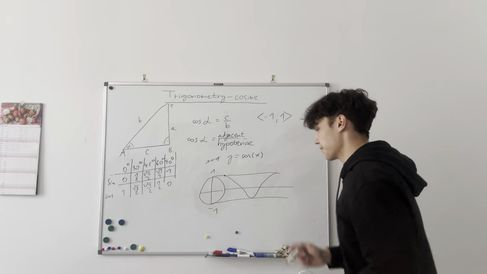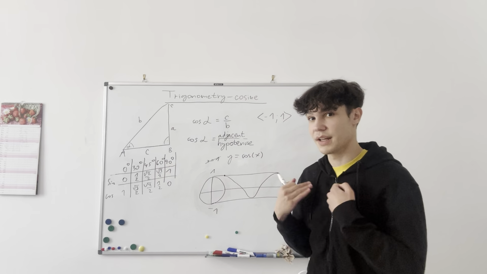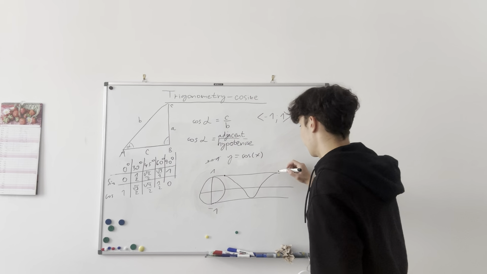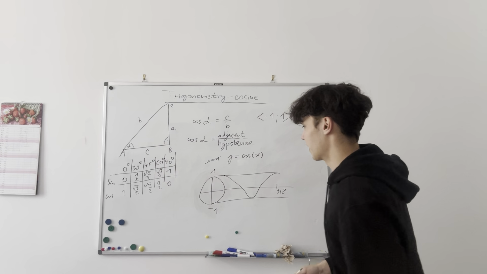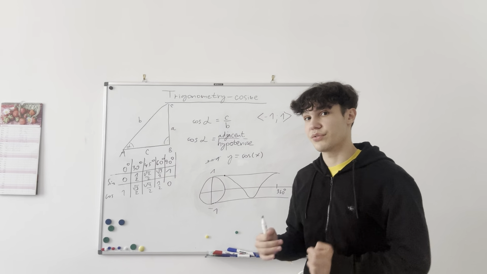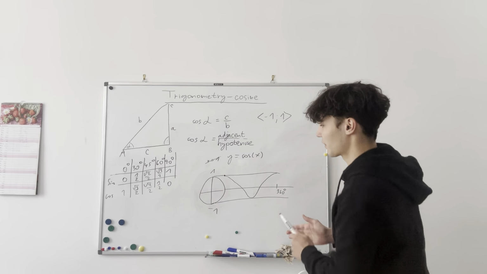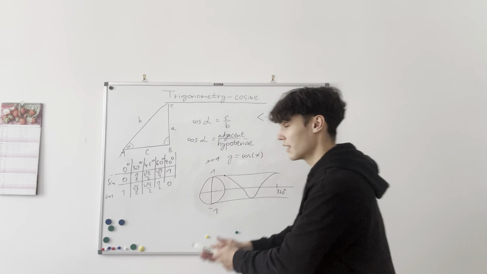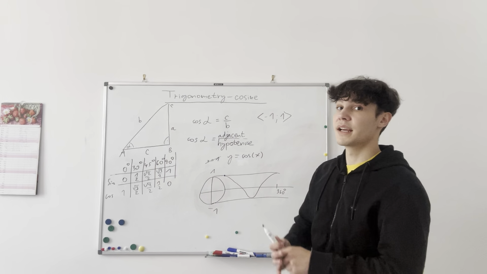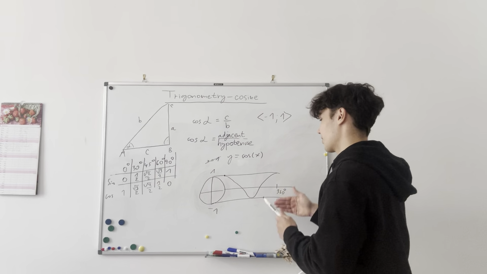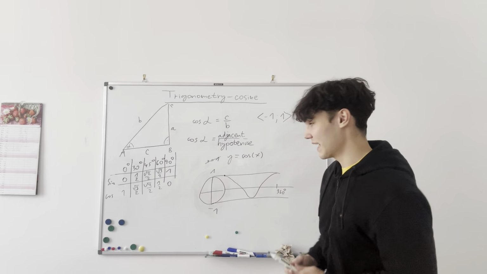It is a function that, like sine, has a 360 period, which means that it repeats itself every 360 degrees, and it goes to infinity, to the left side as well as the right side. It just repeats itself, so it's not very interesting to continue, and we don't have enough space for that.